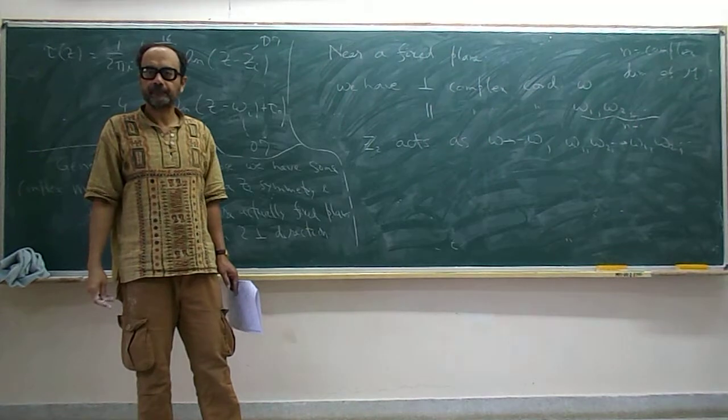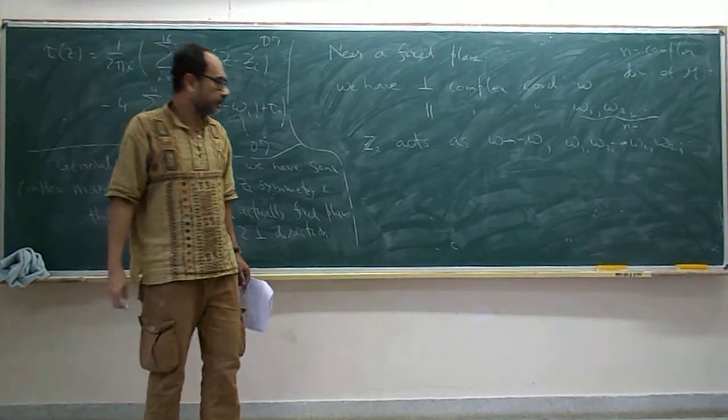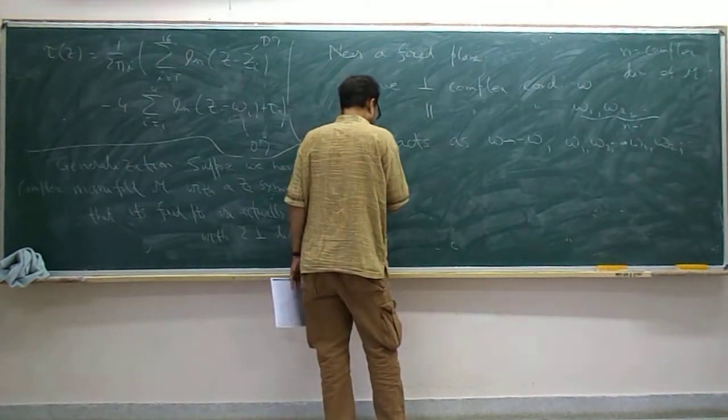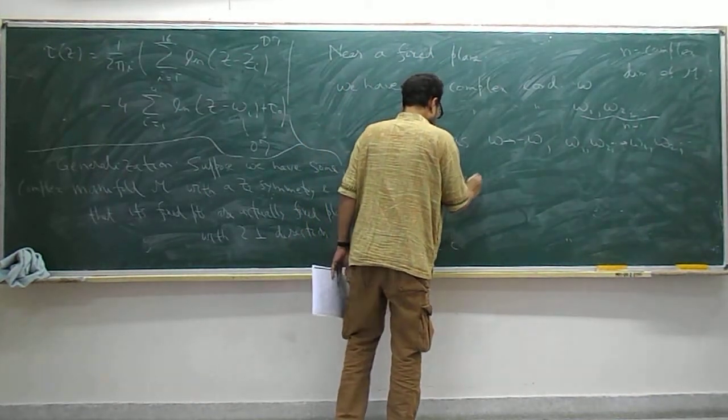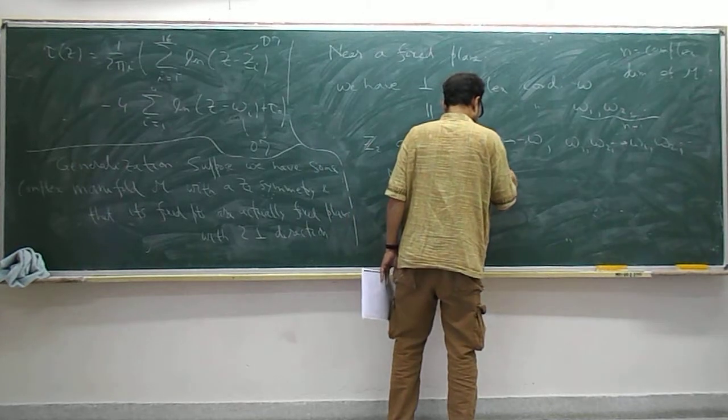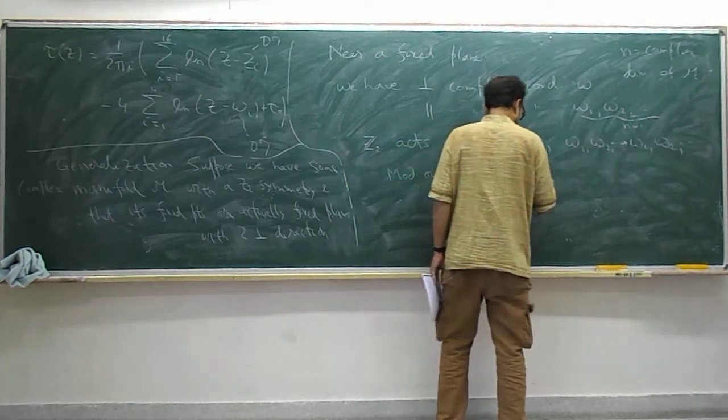Is this okay? So now then we can mod out by minus 1 to the F left times omega times this geometric Z2.